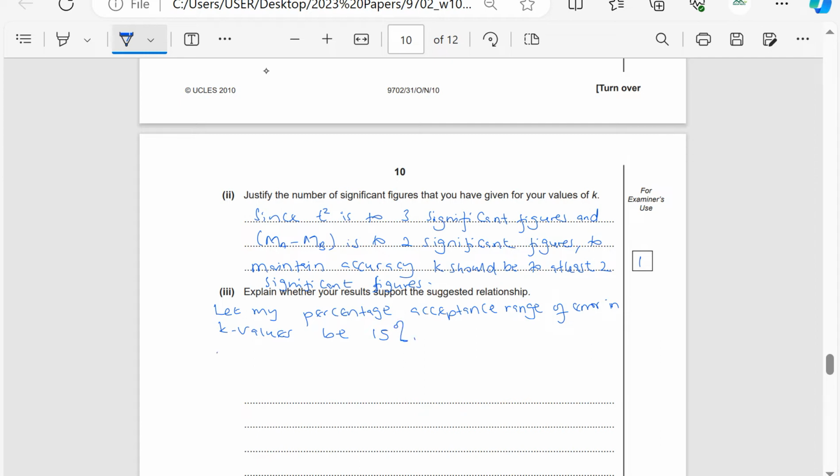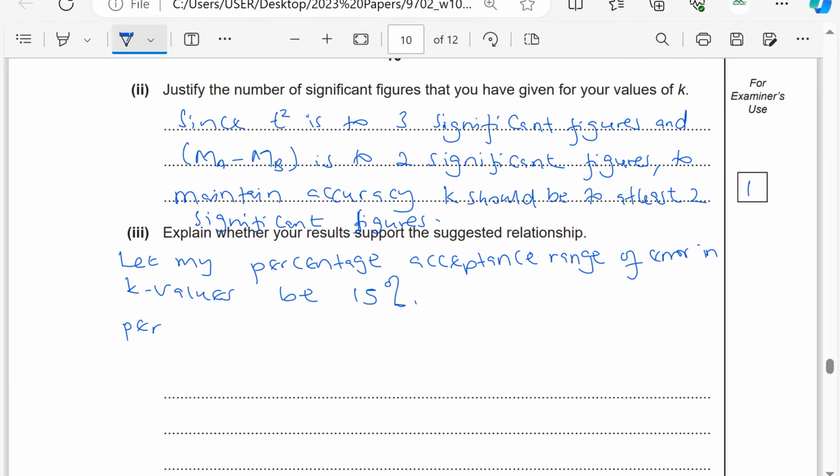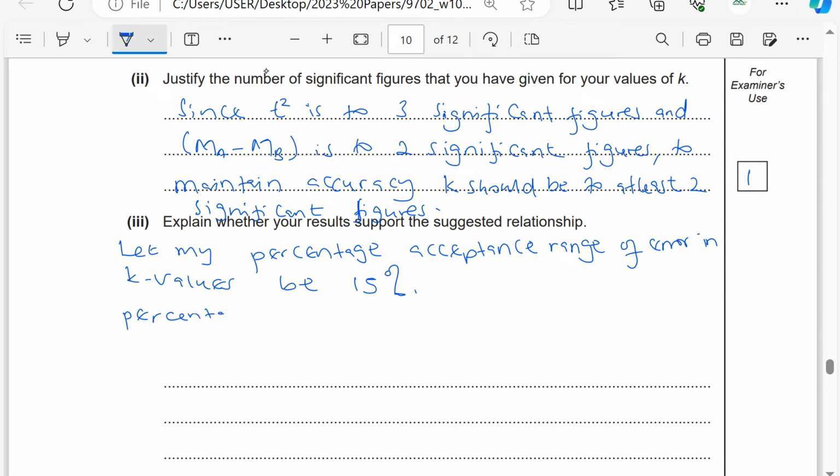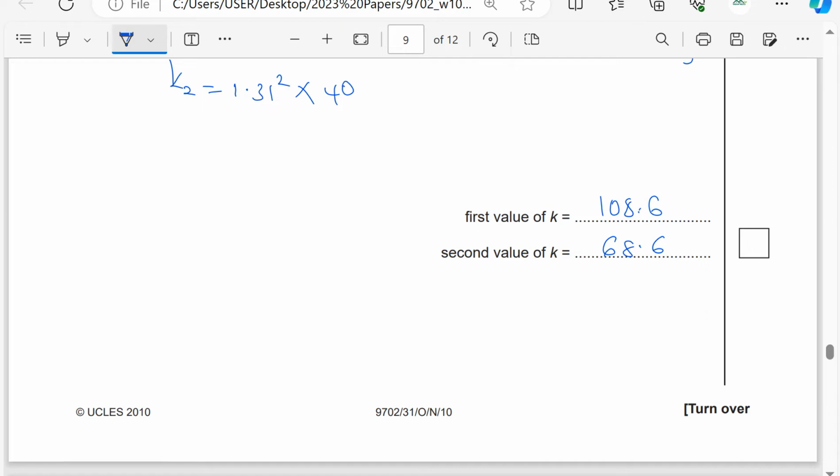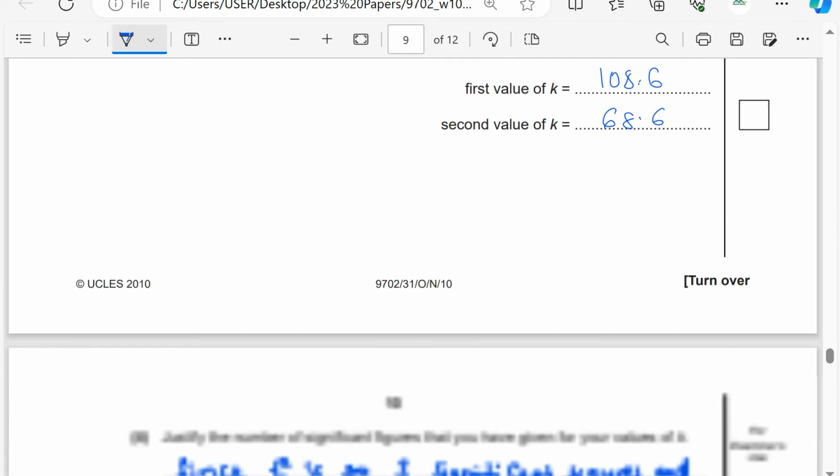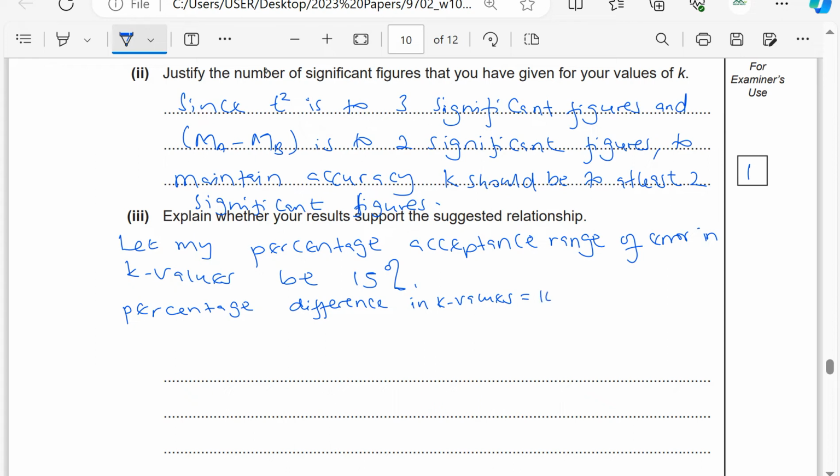Then she calculated the percentage difference in k values, where she got 108.6 minus 68.6, then she divided by the highest, which is 108.6, then multiply this by 100.